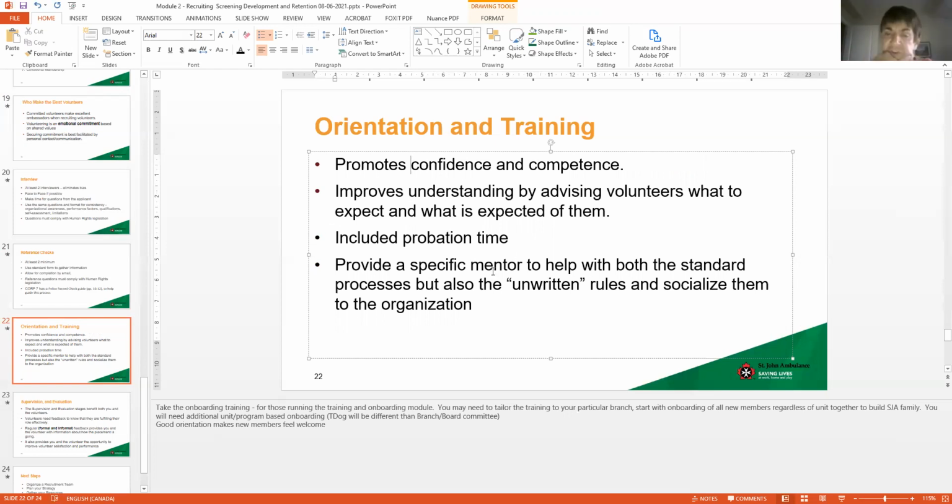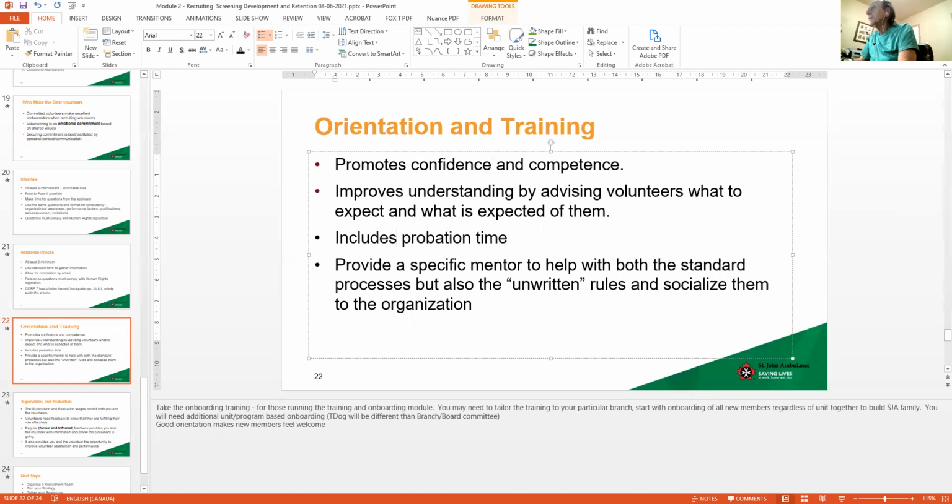Included probation time. I don't know what that means. I think what they mean is orientation and training is part of probation. A minor change there: includes probation time.